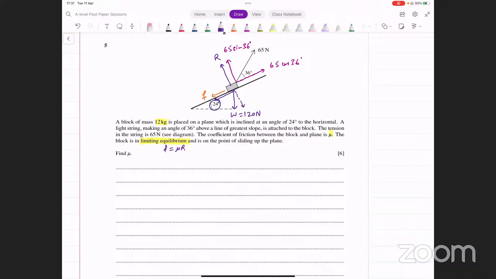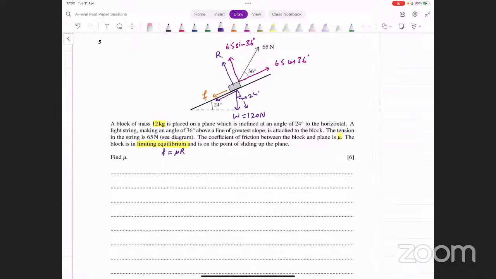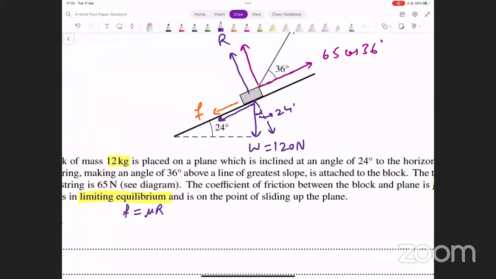If this angle is 24, remember this angle here is also going to be 24, right? तो इसके components क्या बन जाएंगे? 120 cos 24, that's in this direction, and in the other direction along the surface, this component is going to be 120 sine of 24.